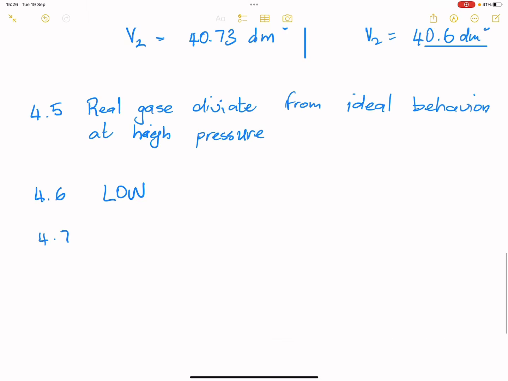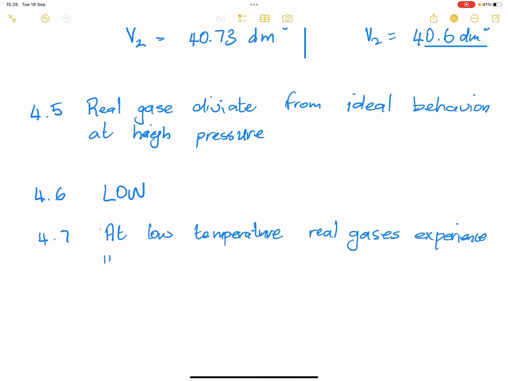We know that at low temperature, real gases experience intermolecular forces, and therefore liquefy.